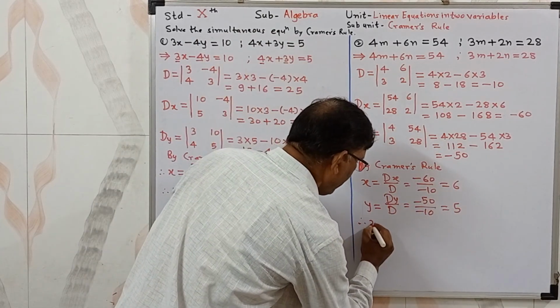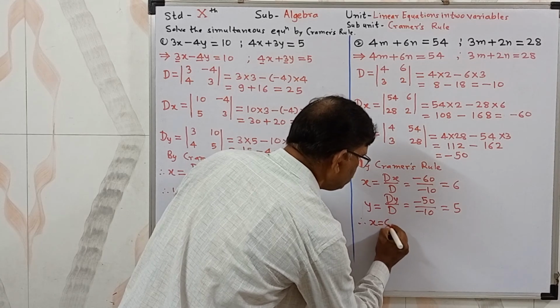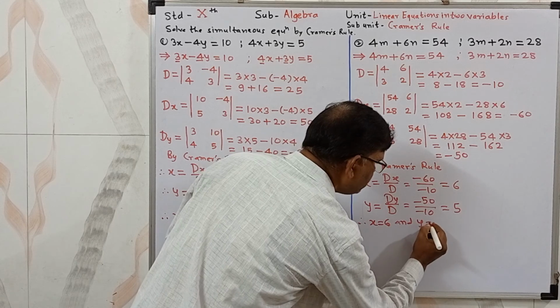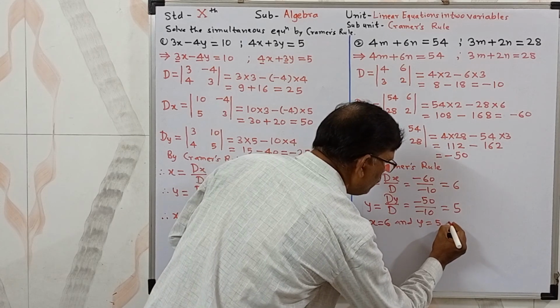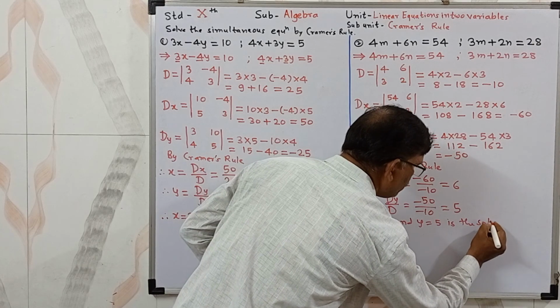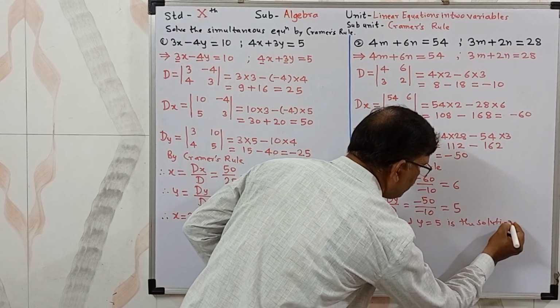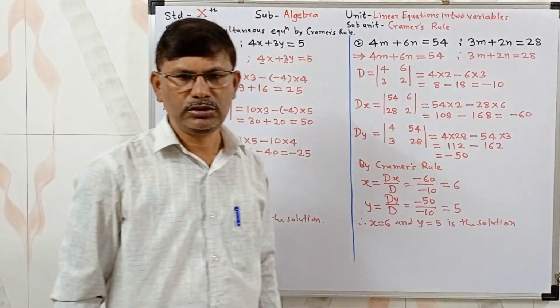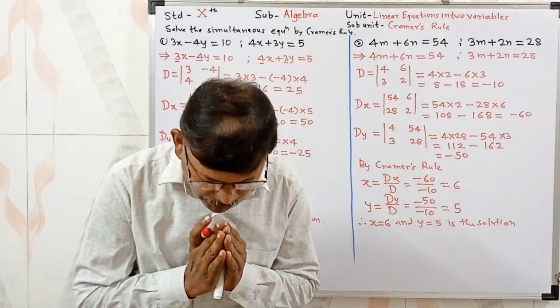Therefore x is equal to 6 and y is equal to 5 is the solution of these two equations. Understood? Okay. Thank you very much.